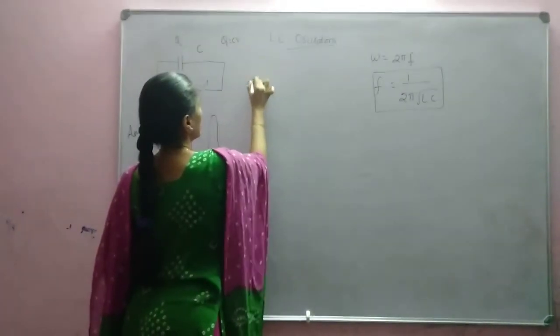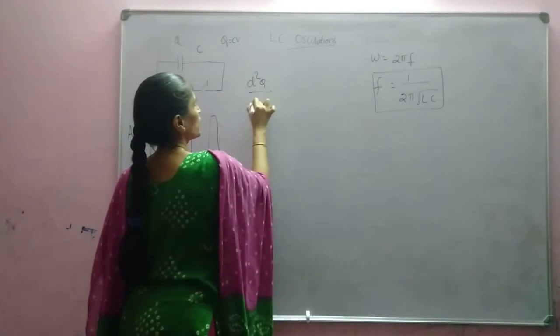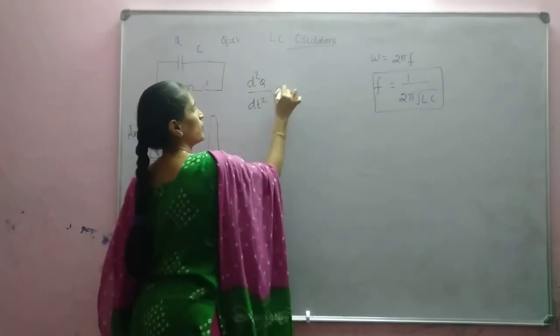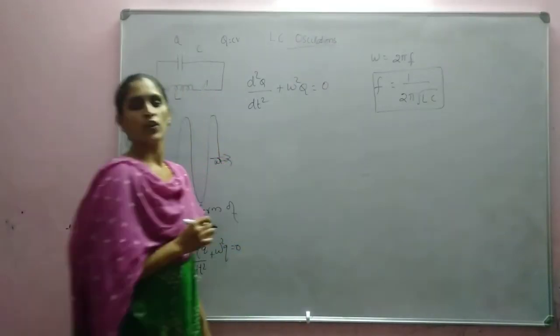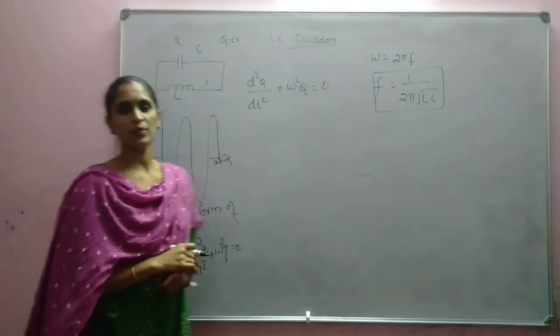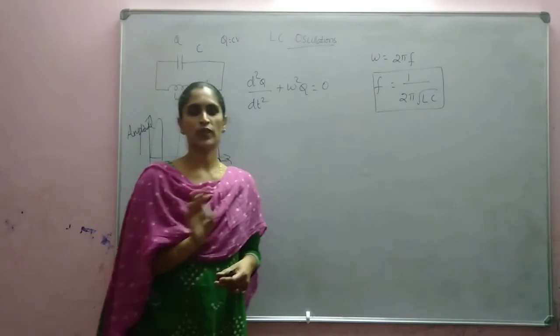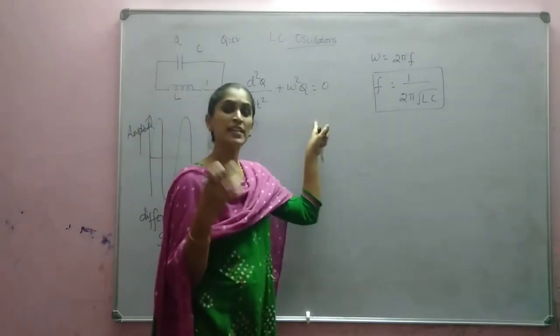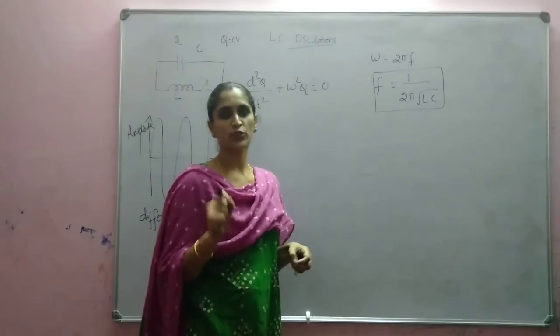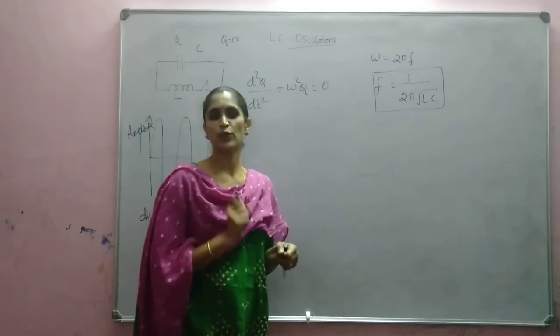So we have the equation d square q by dt square plus omega square q is equal to 0. The solution of this equation will be either a cosine or a sine function, no doubt, because if you differentiate two times and add it with the same function to get 0, it will be either a sine or cosine function.